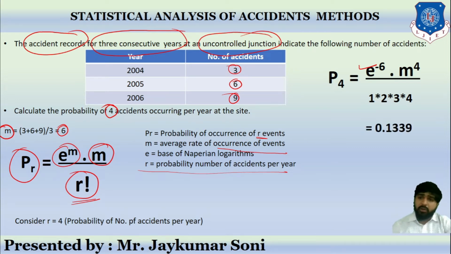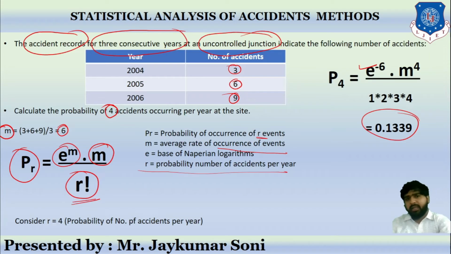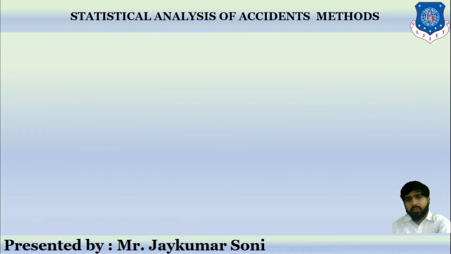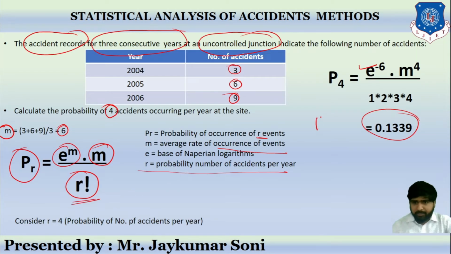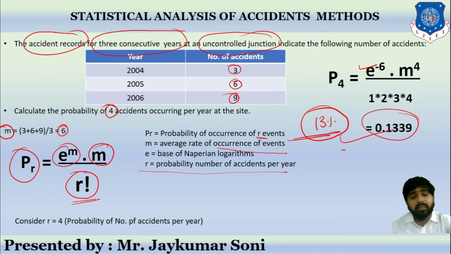If you put the values, you will get the answer as 0.1339. What does it mean? That a 13% probability is there. This is how we can interpret the particular value.